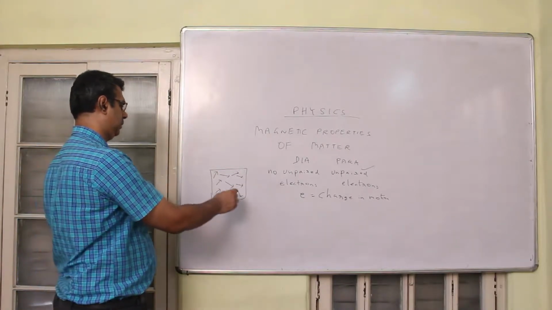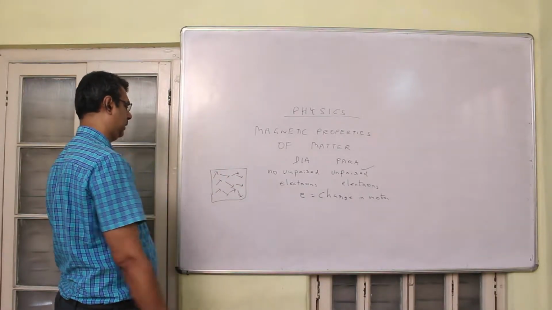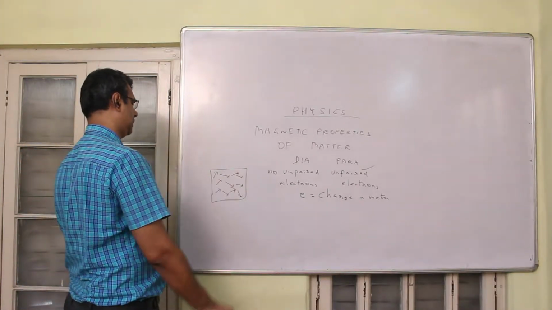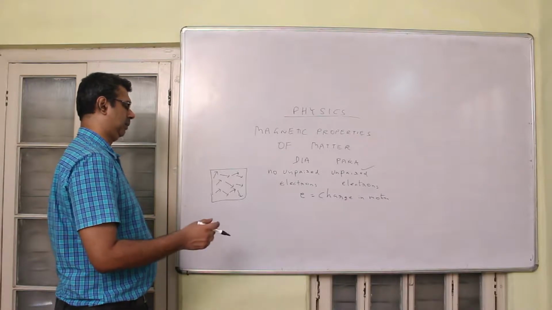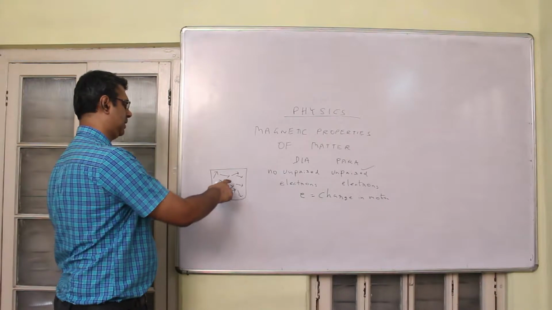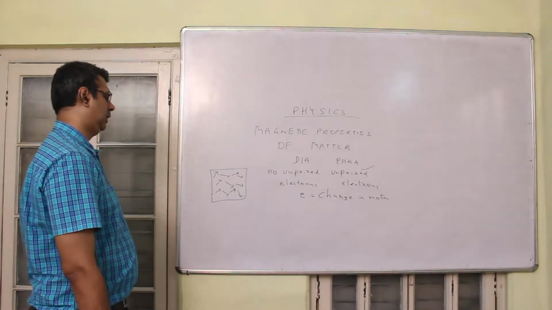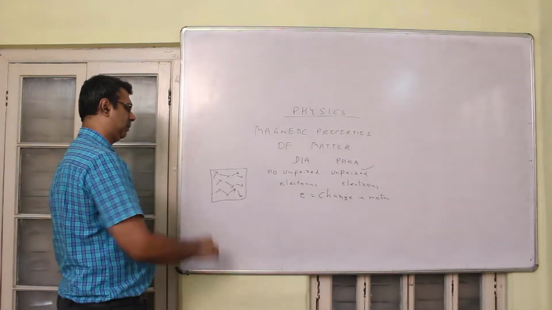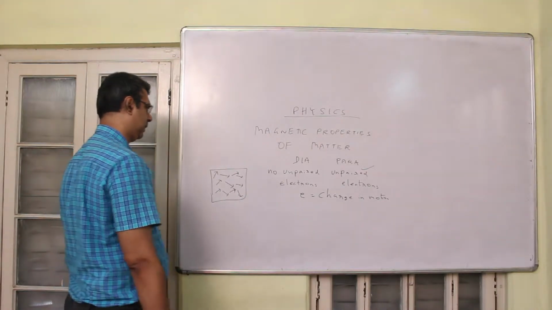In this diagram you can see that I have shown some magnetic dipoles. All these are magnetic dipoles, and each dipole is basically replacing an atom, because that atom has unpaired electrons. But look at these dipoles very carefully. You will see that these dipoles are aligned in a random fashion. They don't have any orderly alignment. The alignment is completely disorderly.